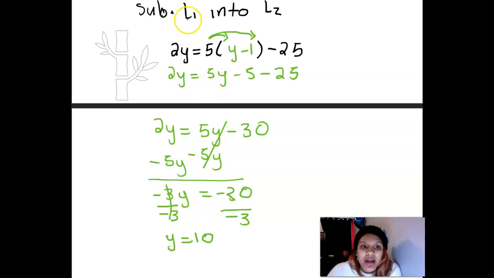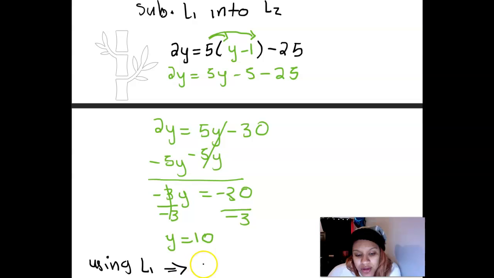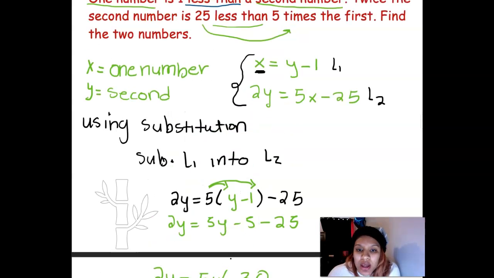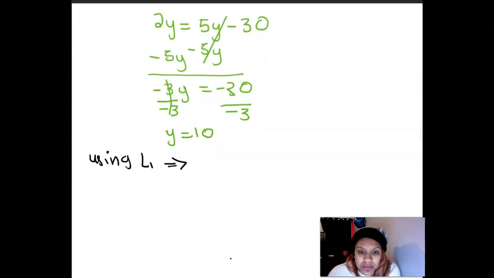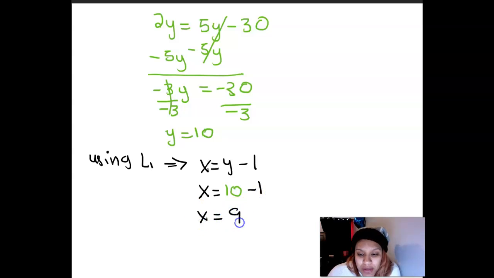Now I need to find the x. So I'm going to use line 1 to find the x. And what was line 1? x equals y minus 1. y is 10 minus the 1. x equals 9.